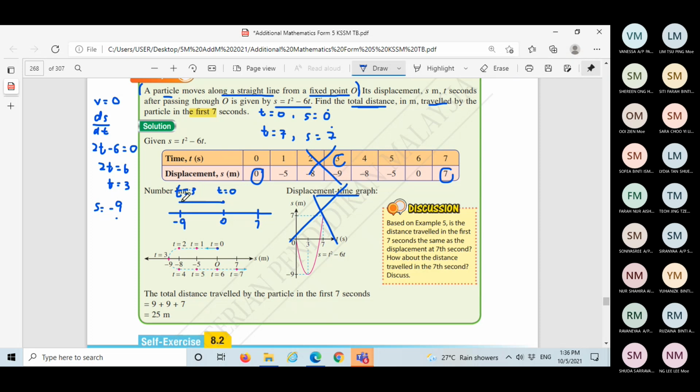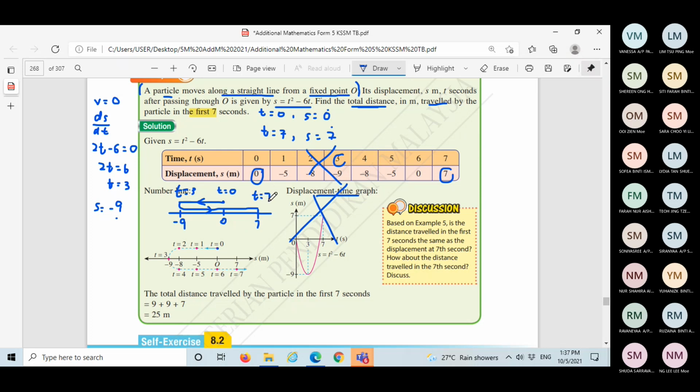After that, if you don't want to draw up, down like that, you can draw this way also. Until here, the particle will turn, and then it stops at 7. So from t is 0 to t is 3, the direction this way. Then after that, the direction will be this way. So here ends with t is 7.